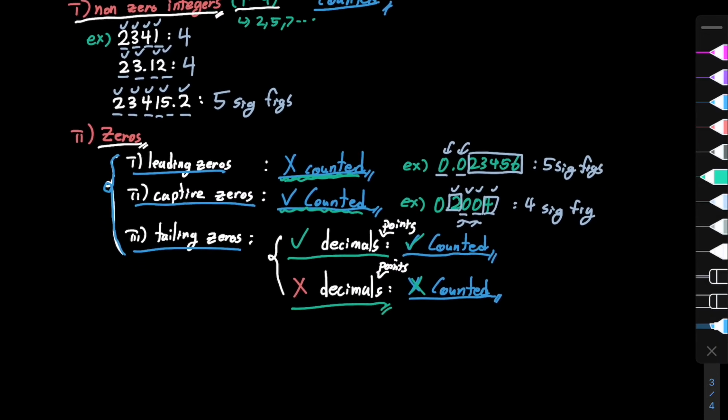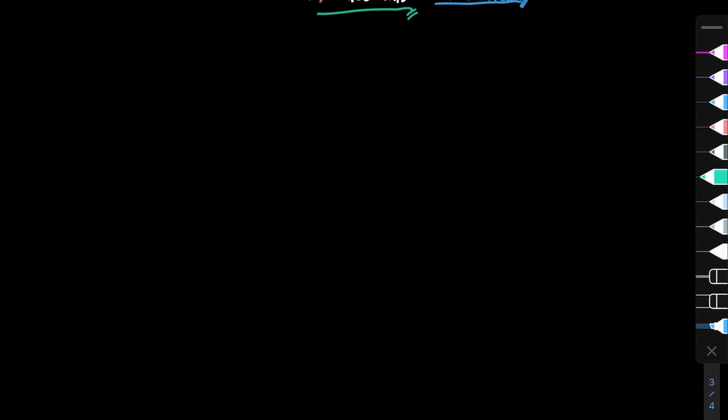So to give a few more examples, the number 2304.0010. To count the number of significant figures in this number, first of all, we have to identify how many non-zero integer digits there are. So there is 2, 3, 4, and 1. So these will all be counted as significant figures.